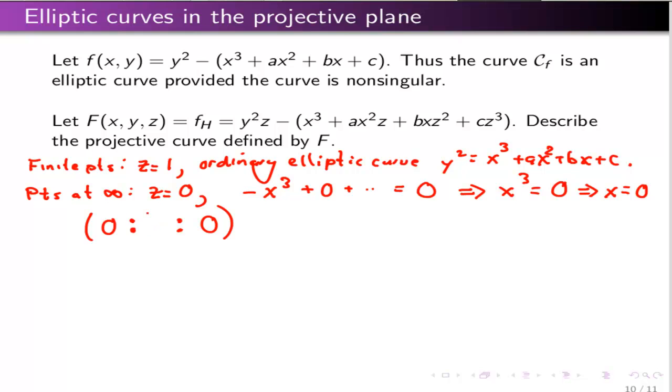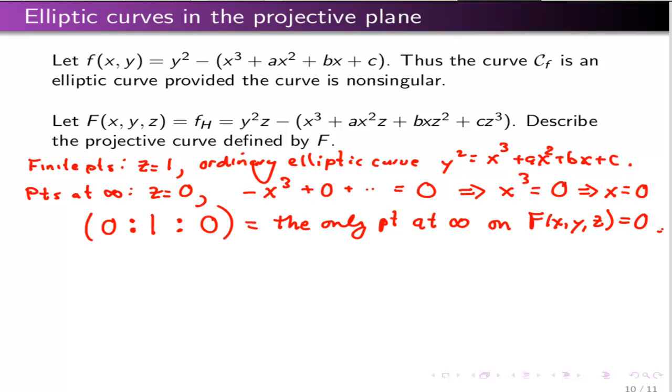And so y has to be a non-zero value, and it can easily be scaled to be a 1. We get a unique point at infinity. So this is the only point at infinity on the curve f of xyz equals 0. And that is our point P infinity that we were talking about in the last lecture.